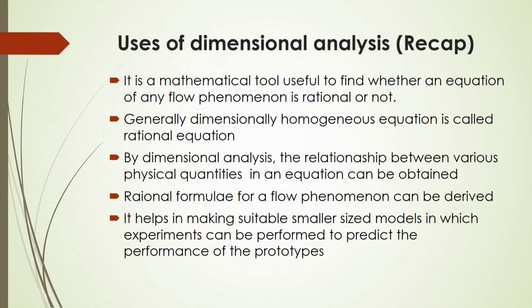Then the equation is called a homogeneous equation, and a dimensionally homogeneous equation is called a rational equation. And by dimensional analysis, the relationship between various physical quantities expressed in equations can be obtained.